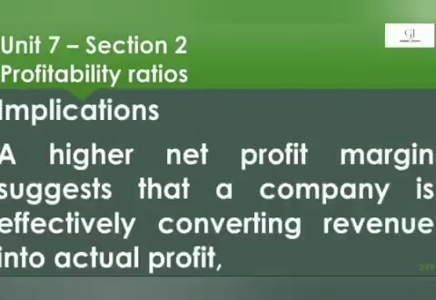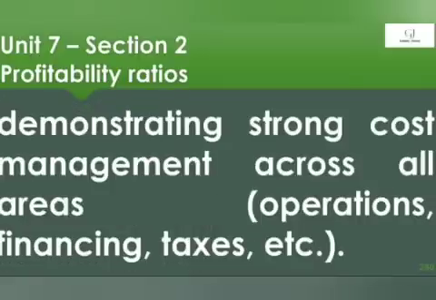So the implication is that a high net profit margin suggests a company is effectively converting, yes, we've spoken to that, demonstrating strong cost management across all areas, operations, financing, taxes. So where the figure is positive, I think we need to give management credit. It just now depends on their improvement.